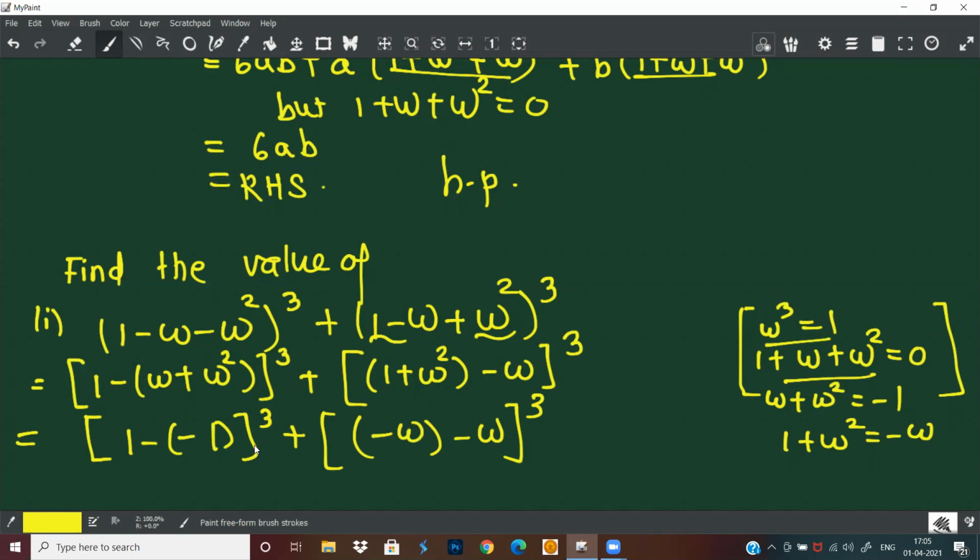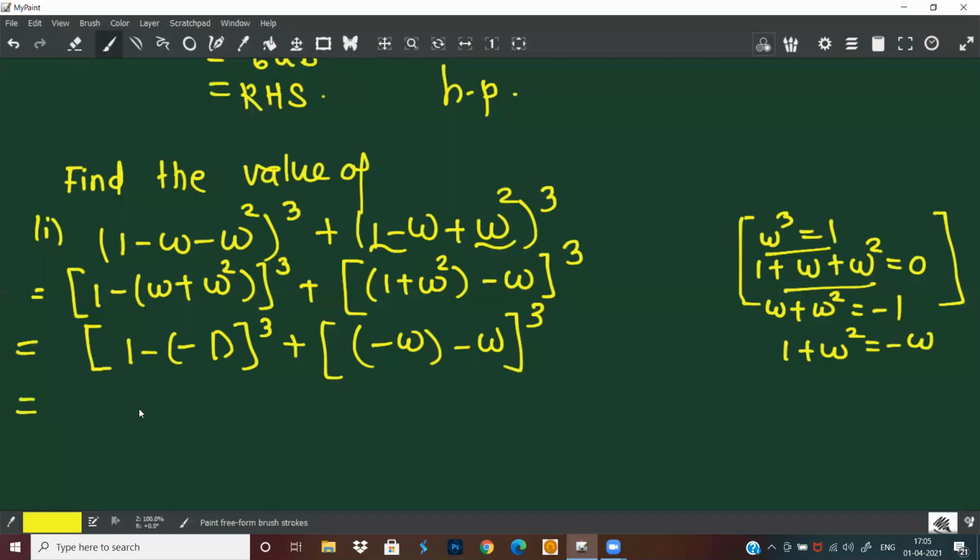Yes, 0 is the right answer. So 1 plus 1, that is 2q. Correct? Minus 2 omega the whole cube. So it is 8 minus of minus 2 ka cube is -8 and omega cube is 1.